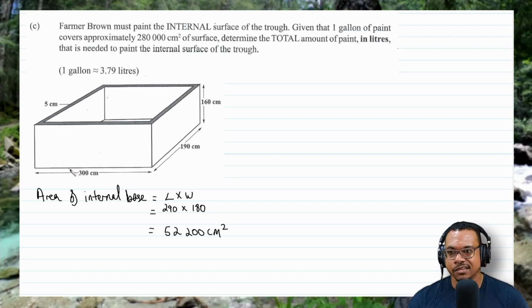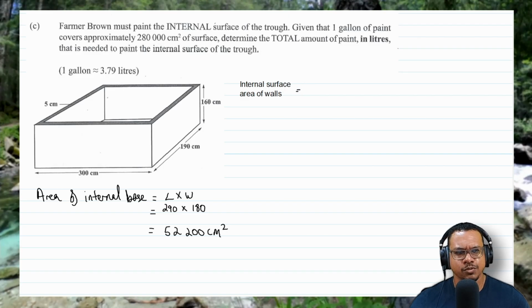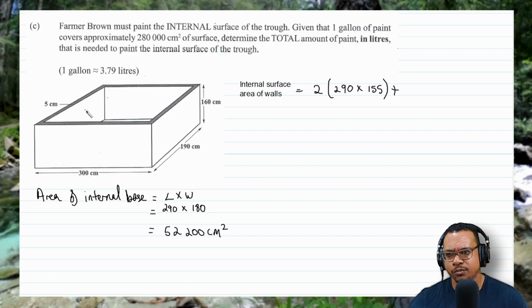So internally, this 300 will be what? 290 times 155. So I'm going to have that the internal surface area of the walls would be equal to 2 times 290 by 155 internally, plus these two side walls are the same, and this 190 take away 10 will be 180 times the 155.